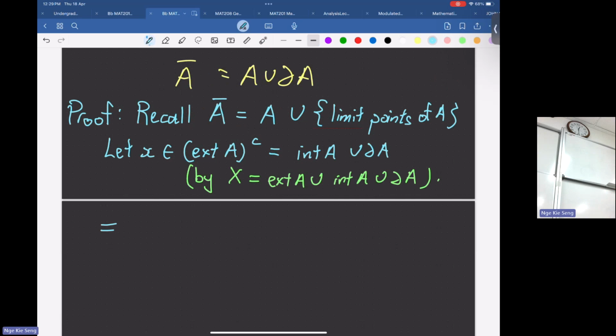So what does set theory tell you? X in the complement of the exterior of A is what? X is in the metric space, but X is not in the exterior of A.